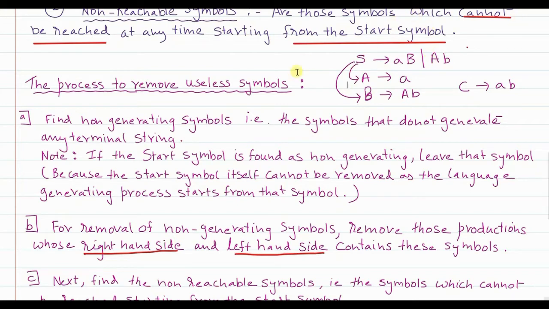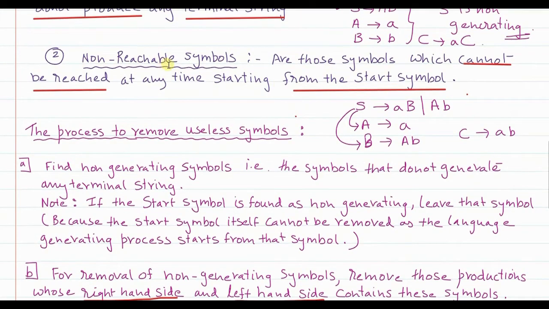But from the start symbol S, am I able to reach C production? Although S replaces itself with A, does A have C on the right hand side? No. Similarly, although S is capable of replacing itself with B, is capital C on the right hand side of B? No. So not even from A and B you can reach C. So from the start symbol S, no doubt you are able to reach A and B. So I can say that A and B are reachable symbols from the start symbol.